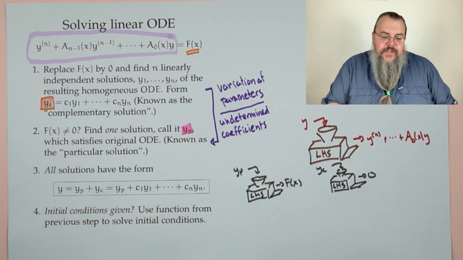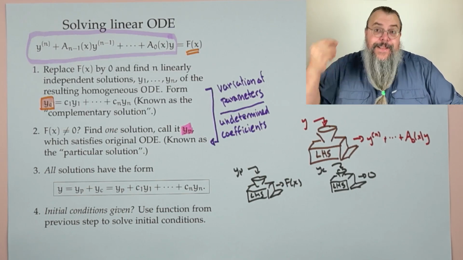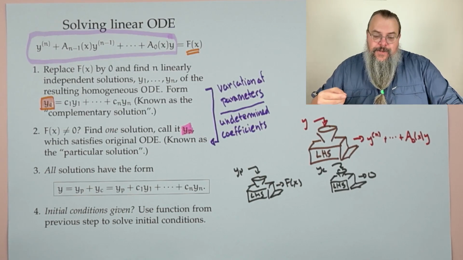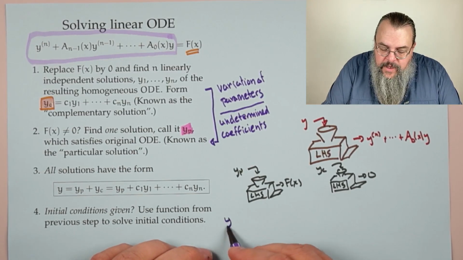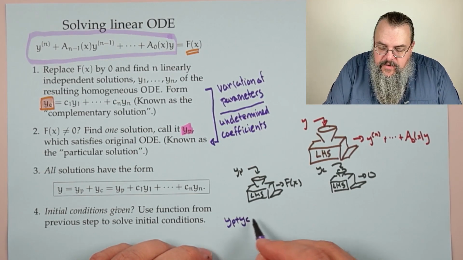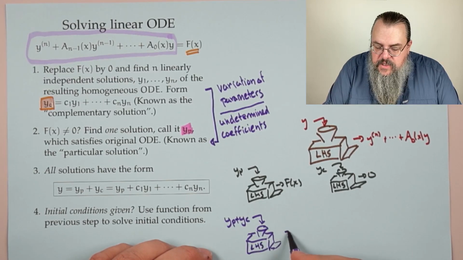And so here's the great aha: because we're dealing with a linear differential equation, when we add these together, y sub p plus y sub c, and throw it into our left-hand side, the result is going to be the same as if we throw them in individually.